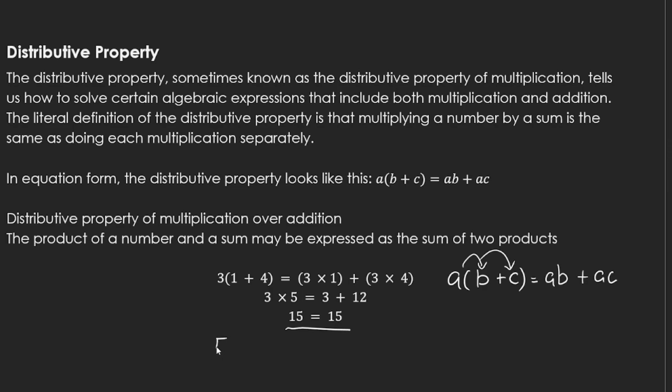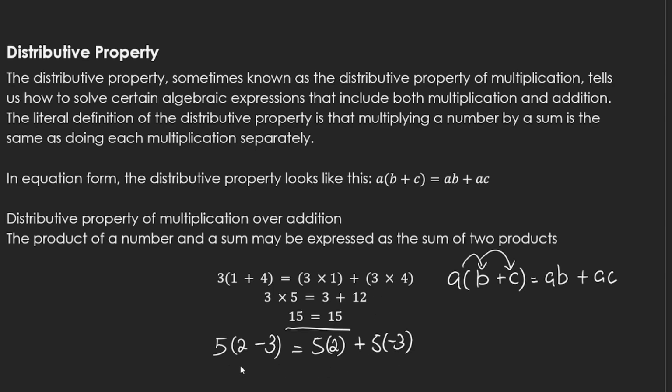Let's say I have 5 and I'm going to multiply it to 2 minus 3. That is the same as saying 5 times 2 plus 5 times negative 3. Because remember, when you're subtracting, it's the same as saying you're just adding the negative number. 2 minus 3 is the same as saying 2 plus negative 3.